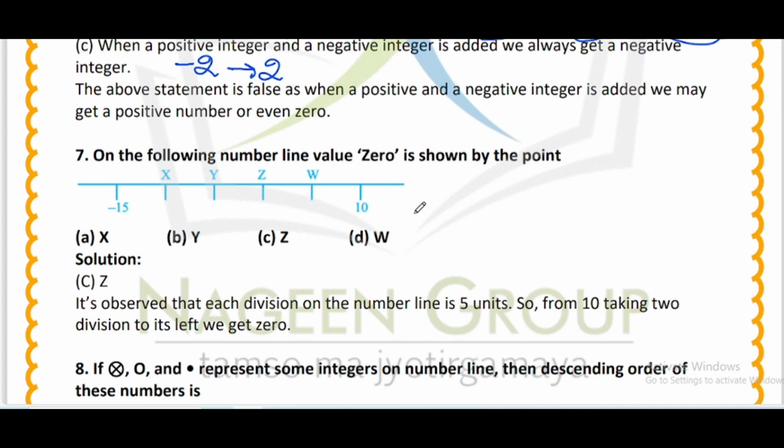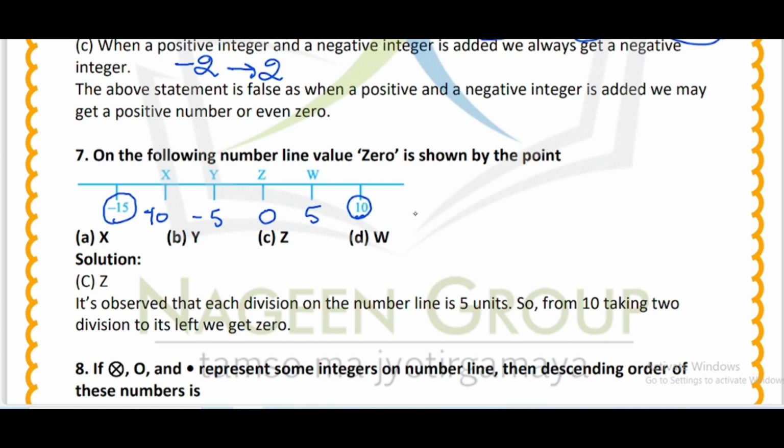On the following number line, value 0 is shown by the point. Let's see. It shows minus 15 and it shows 10. Let's assume the gap between x and minus 15 is 5, then this is minus 10, then y is minus 5, that is 0 and that is 5.